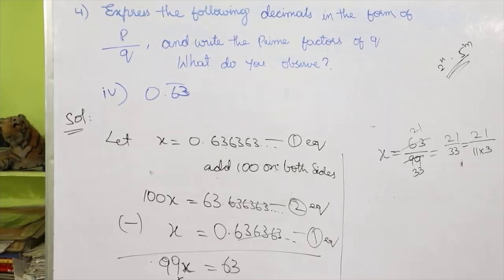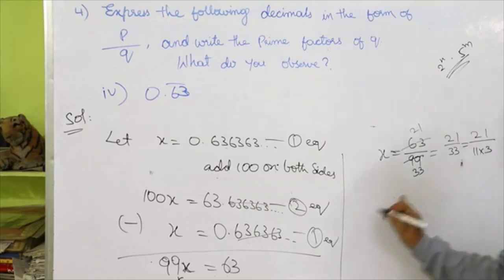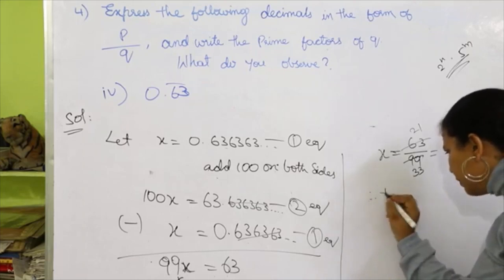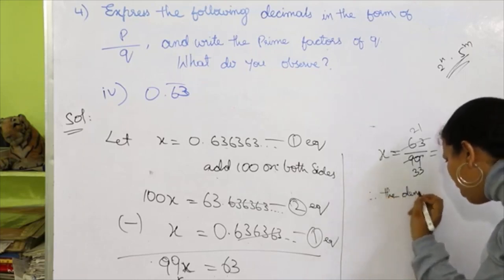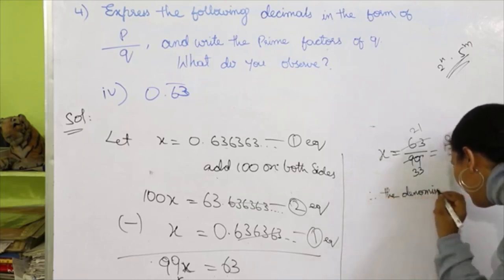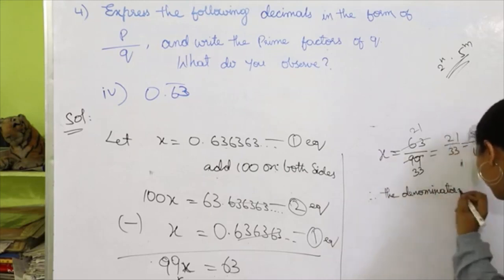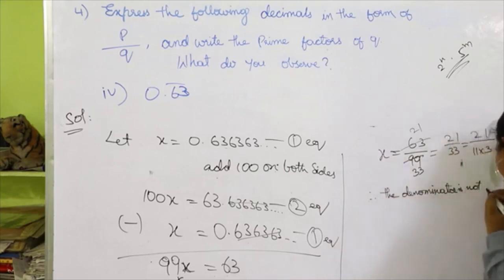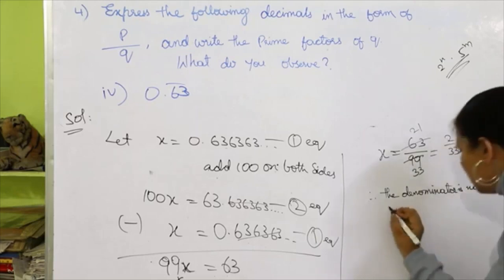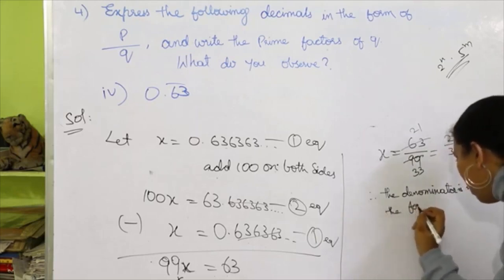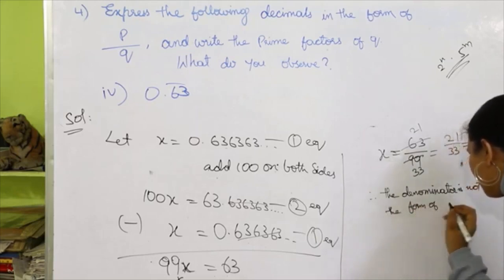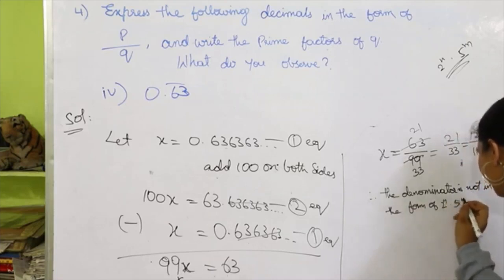Therefore this becomes a non-terminating decimal. So we should write the 3 points over here. The first point is that the denominator is not in the form of 2 power n into 5 power m.